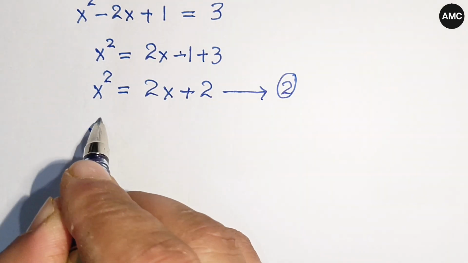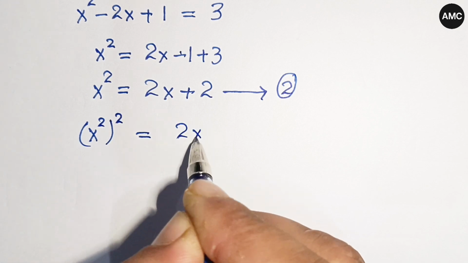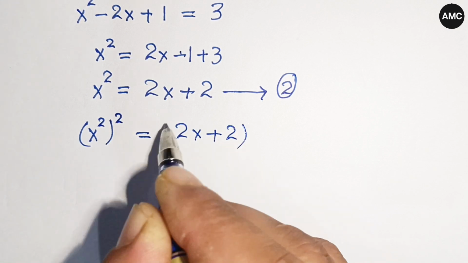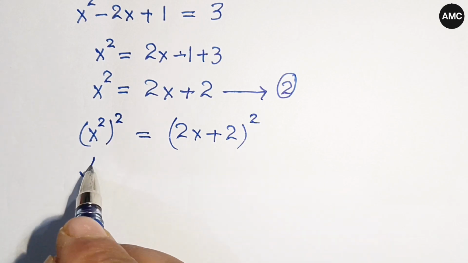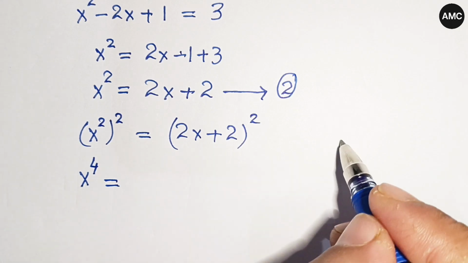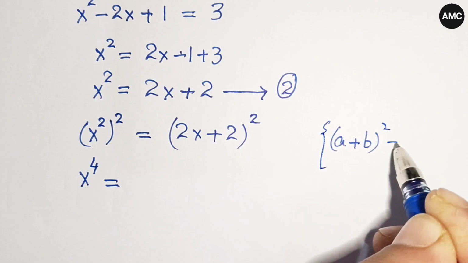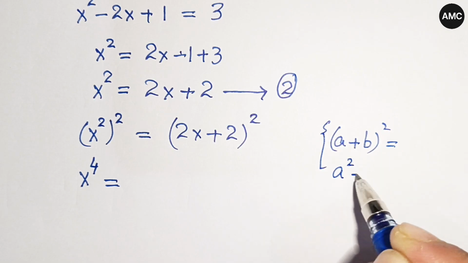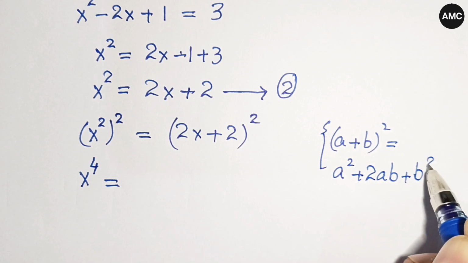Now if we take square again on both hand sides, then here we have (2x plus 2) whole squared. So x squared squared will be x to the power 4 is equal to, it is (a plus b) whole squared, as we know that (a plus b) whole squared is equal to a squared plus 2 times a times b plus b squared.